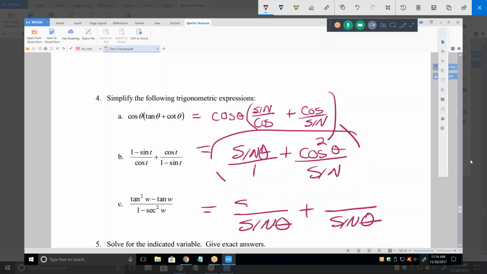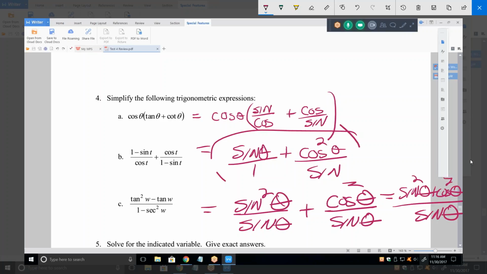Now you can see what's going to happen. This is still cosine squared theta. So what I end up with is sine squared theta plus cosine squared theta all over sine theta. What does that become?